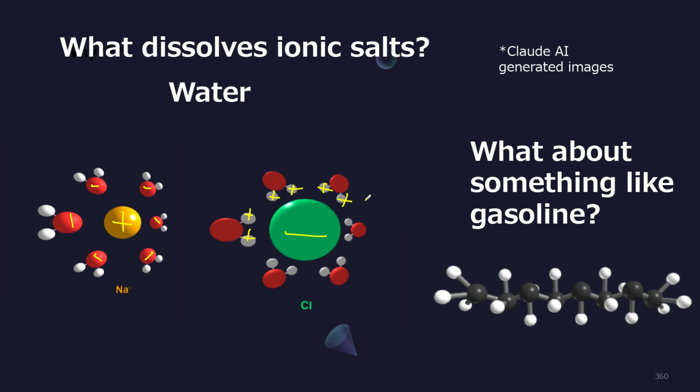What about something like gasoline? Gasoline, these black balls are carbons, and the white ones are the same as what we had in H2O, they're hydrogens. So the electronegativity difference between carbon and hydrogen is much less. As I said, organic chemists tend to label the CH bond as non-polar. It's around 0.4 difference, I think.